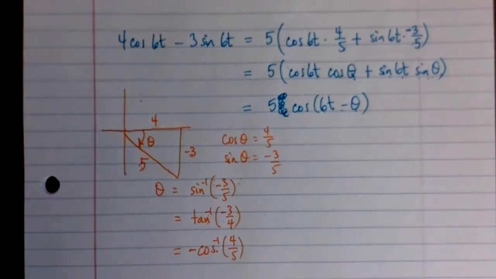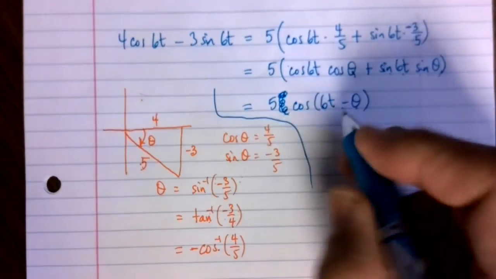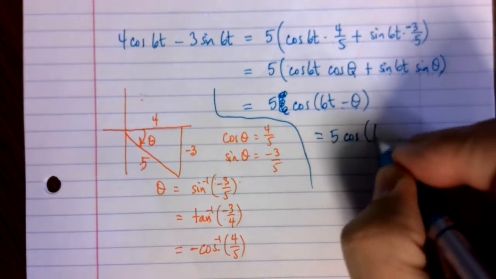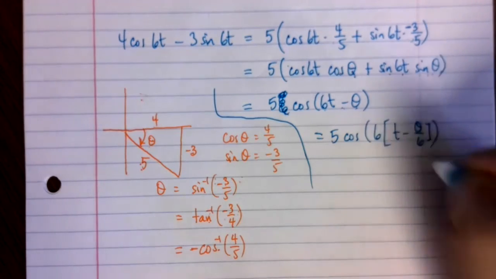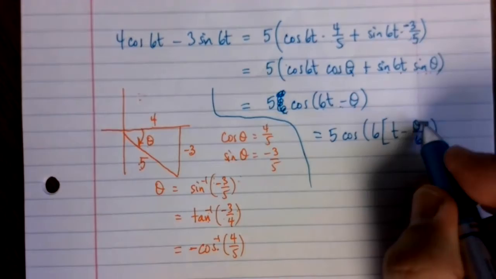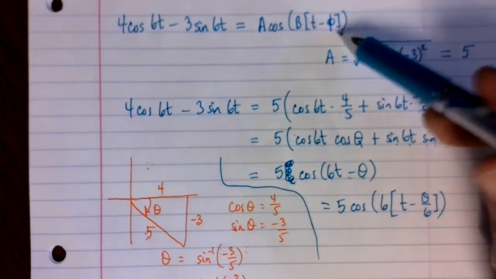And so that's it. I can write my solution as 5 times the cosine of 6 times t minus theta over 6. And so the theta over 6 here will match the angle phi that I needed in the problem.